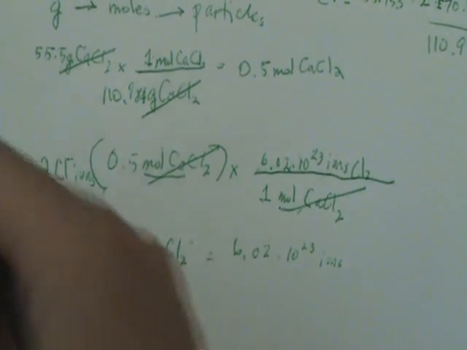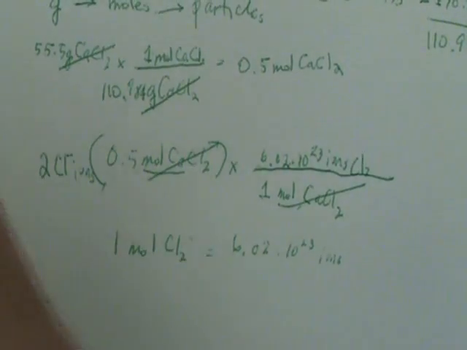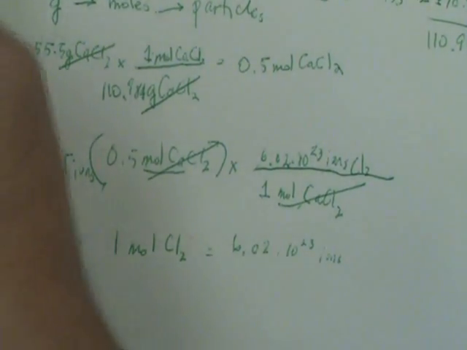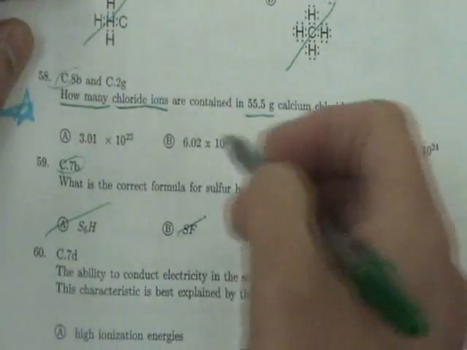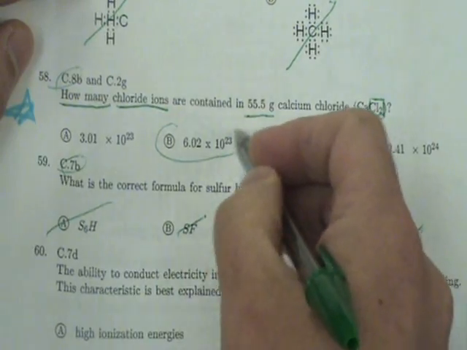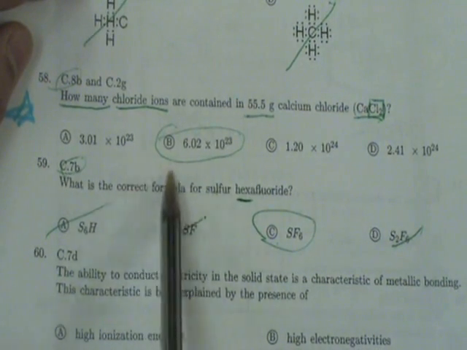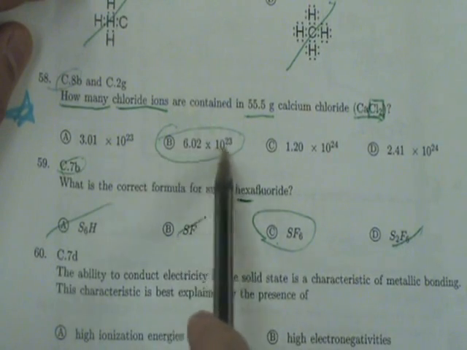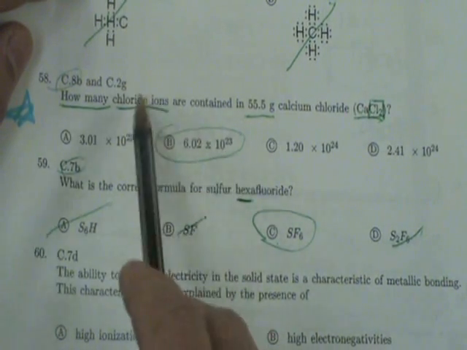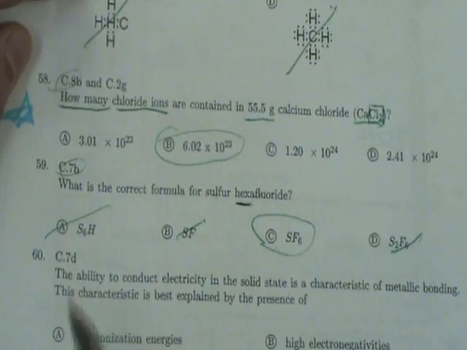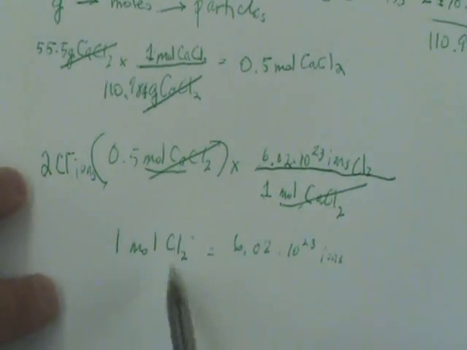Going back to our problem, number 58, there it is. Our answer is B. We've determined that there are 6.02 times 10 to the 23 chloride ions in 55.5 grams of calcium chloride.